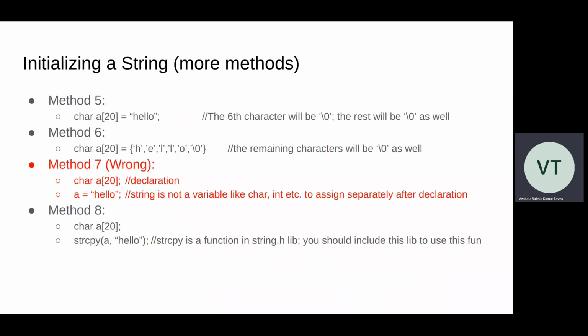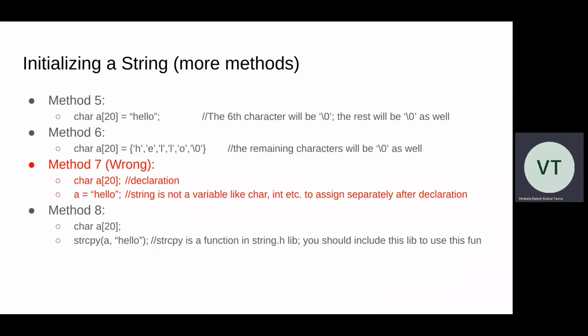Fine. You can't assign a string to an array variable like this, like a equal to hello. You cannot assign like that. The only exception is during initialization, you can do something like char a equal to hello. Only there you can do that. But if you separate declaration and initialization, you cannot do this.